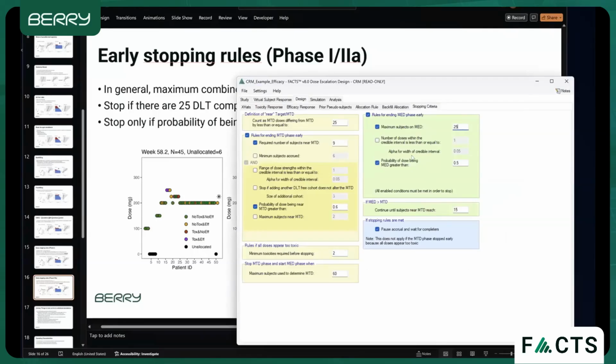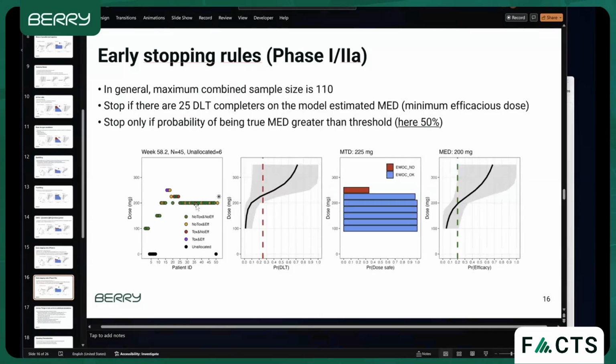Again, we want to be sufficiently sure that we've actually found the true MED. And that's when we'll stop. That's why here we assigned patients to 200 milligrams until the total number of patients here was 25. And then we were happy to stop the trial because we were sufficiently sure that 200 is actually the MED.